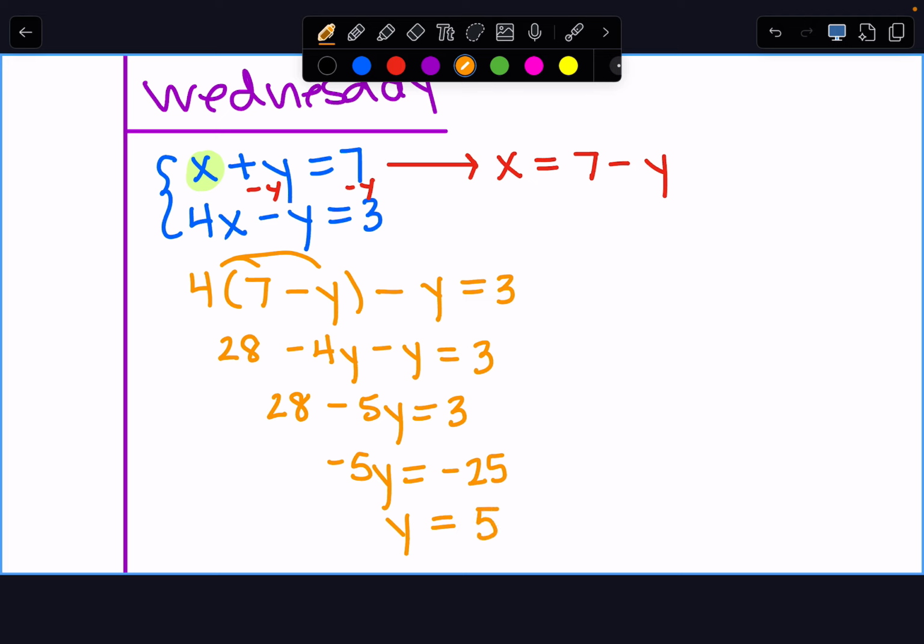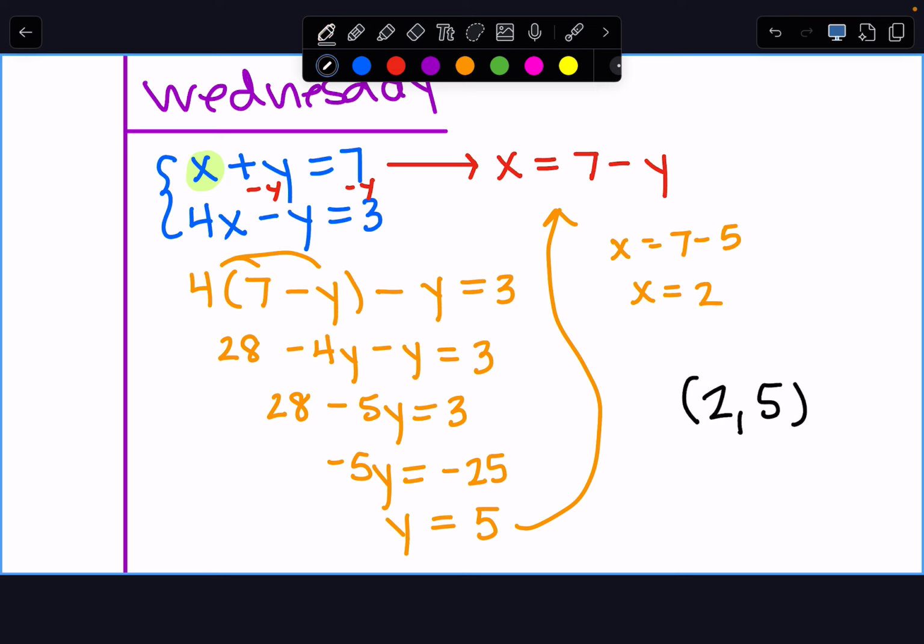Okay, well, if y equals 5 and x is 7 minus y, what's x? 2.